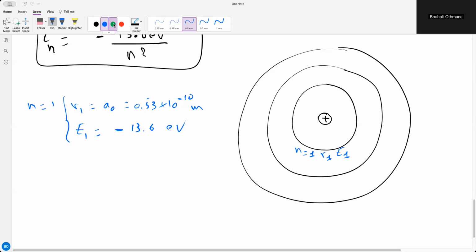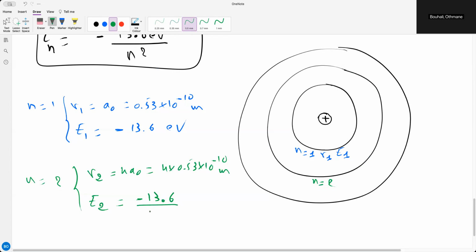The second layer, n equal 2. Now when n equal 2, the radius of the second orbit is equal to 4A0 because it's n squared. So this is equal to 4 times 0.53 times 10 to the minus 10 meters. And the energy of the second orbit is equal to minus 13.6 divided by n squared, which is 4, electron volts.